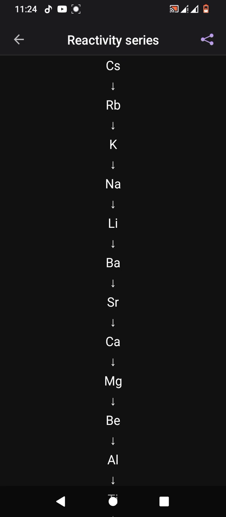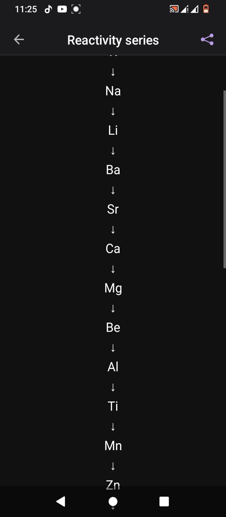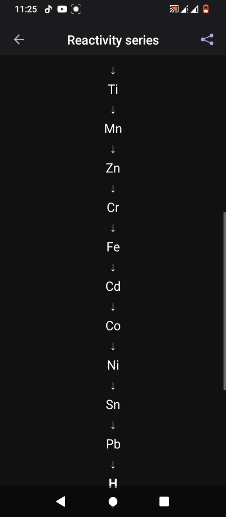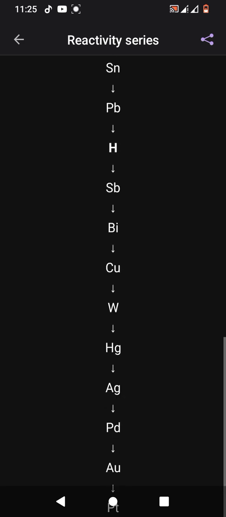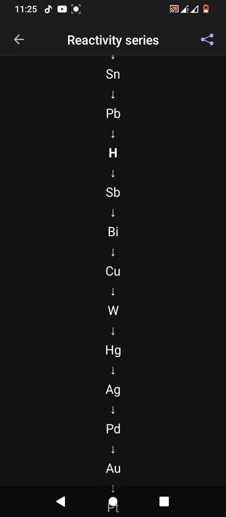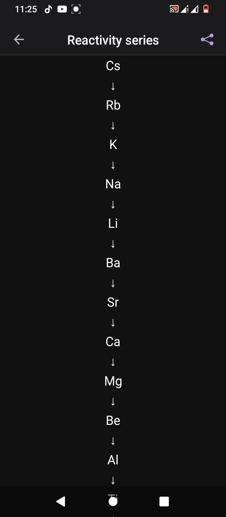So cesium is the most reactive element, followed by rubidium, followed by all the elements under it, and then the least reactive element is platinum. The second least reactive is gold. So the arrows represent the order of reactivity. We'll actually come to this reactivity series in a while.